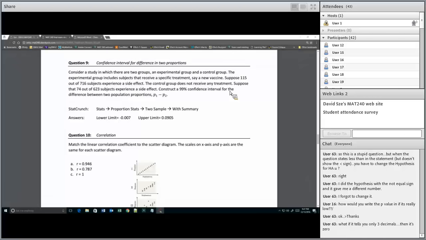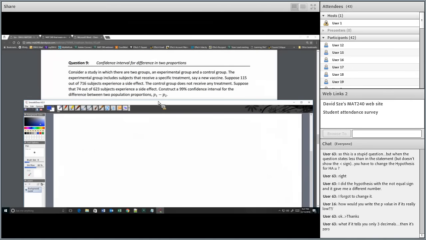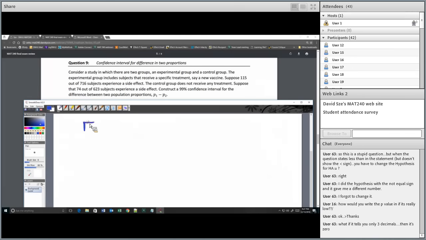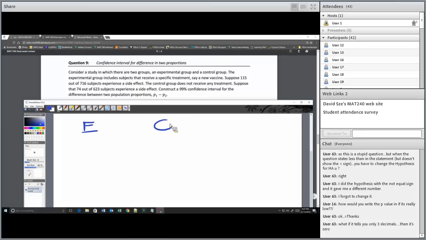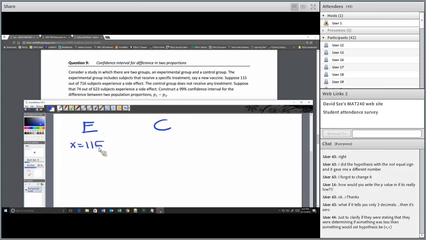So the way I would do that is I would say you have the experimental group, and as we read this problem, there will be a control group. The experimental group had x equal to 115 and n equals 716.